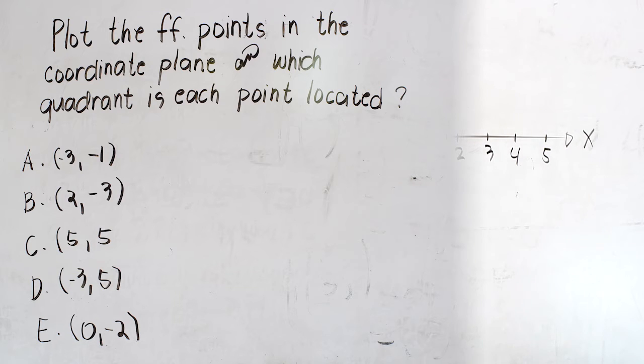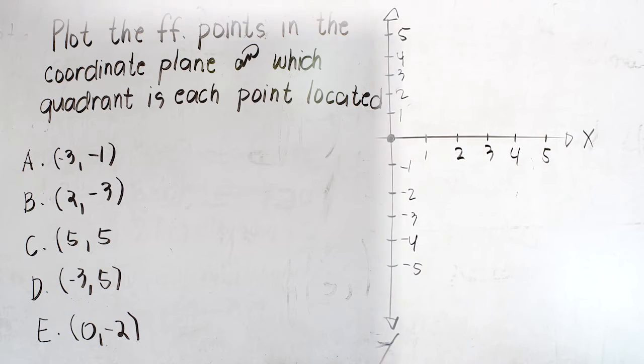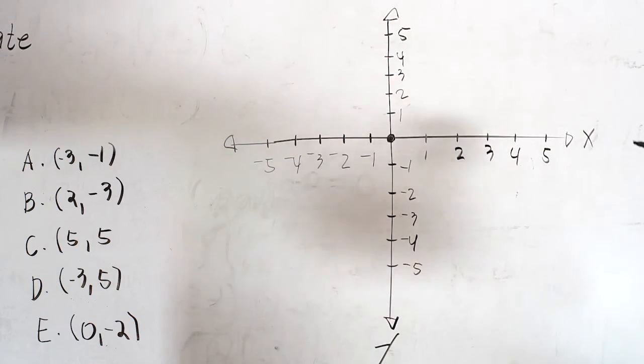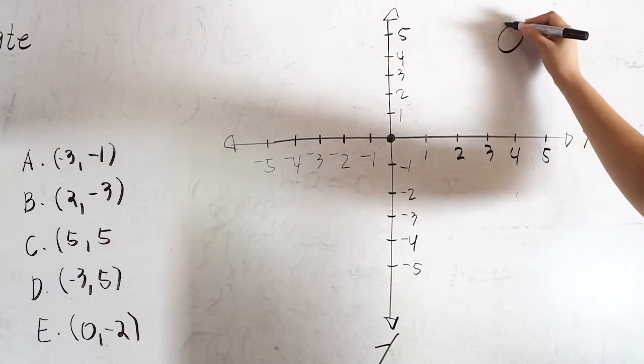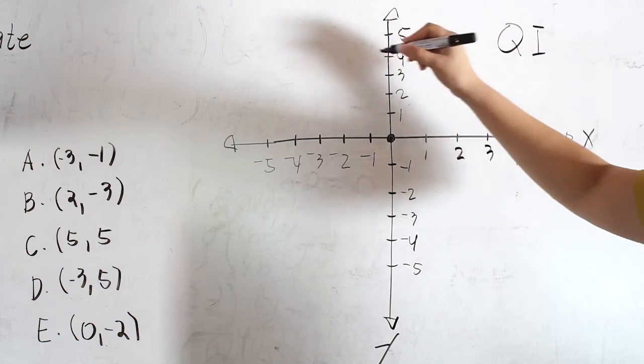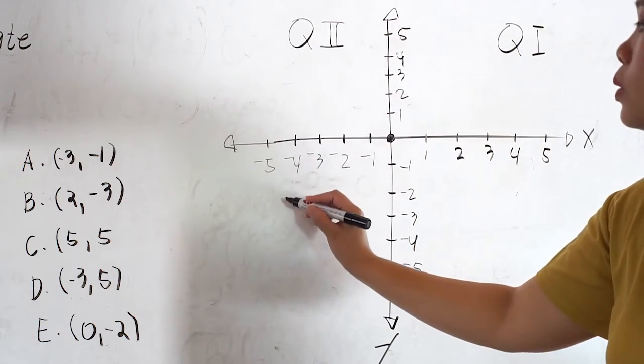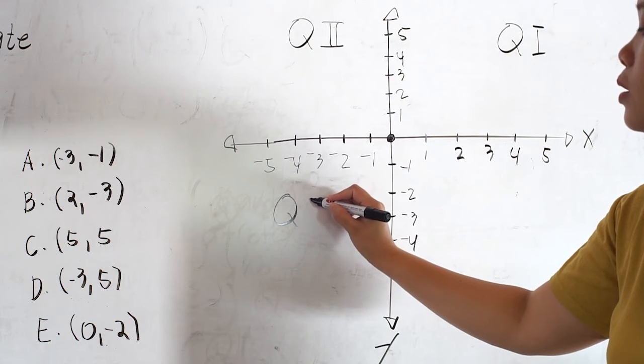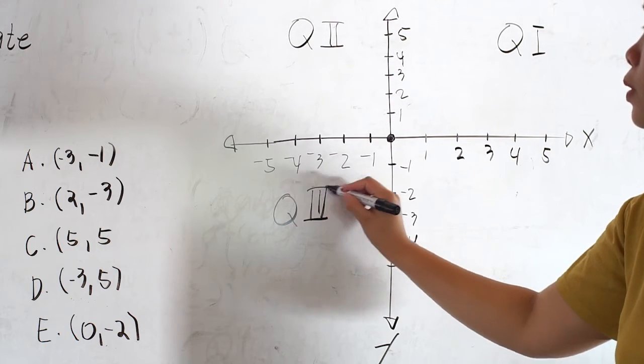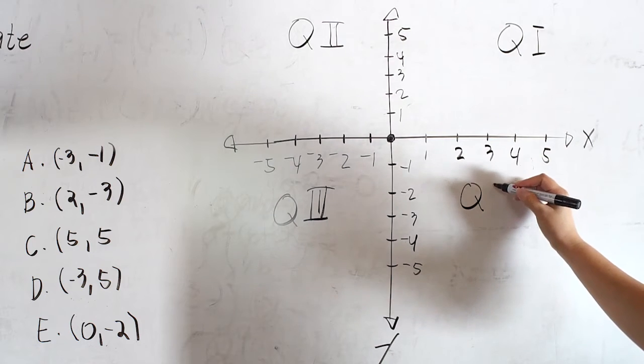So first is A. We will label first. So this is quadrant 1, quadrant 2, quadrant 3, and quadrant 4.